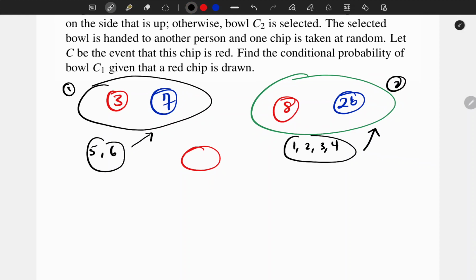So we have to calculate the probability of C1 given that a red chip is drawn, that is C. That's the probability of red.